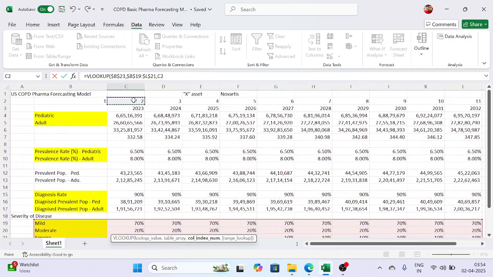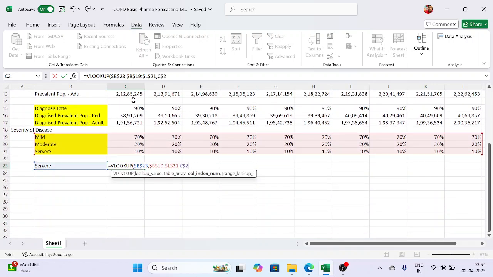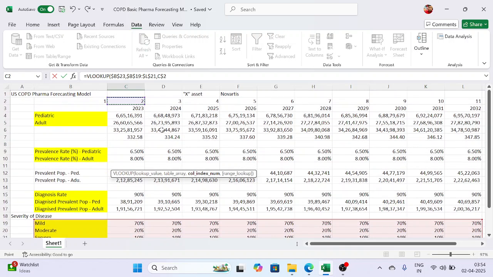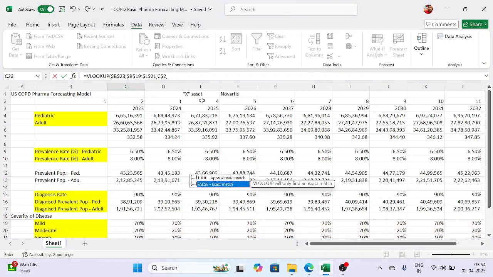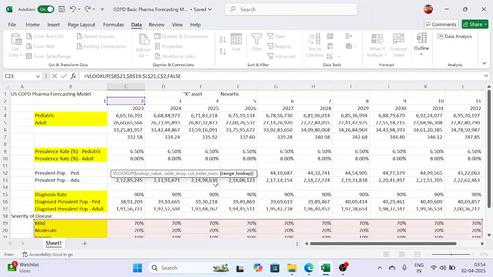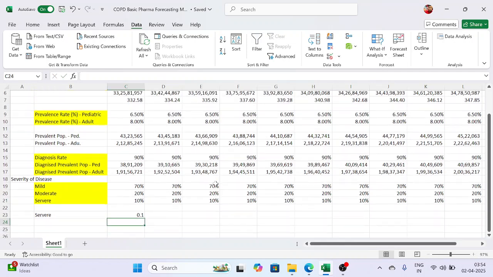Function F4, we press it two times because we want the cells to move from left to right, so that's why two times. Then for the range, you can either type 0 or say exact match.